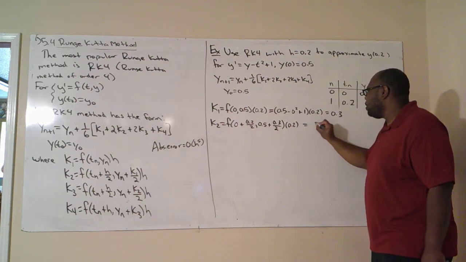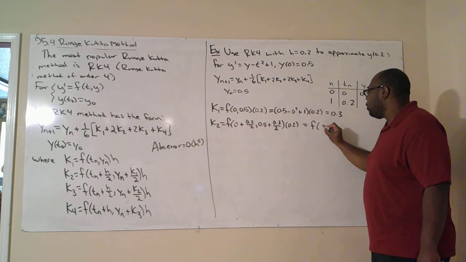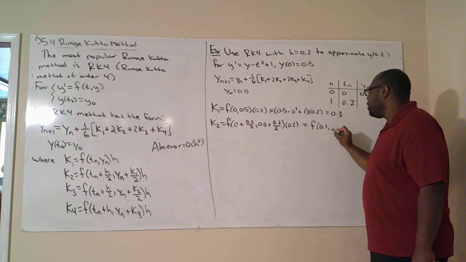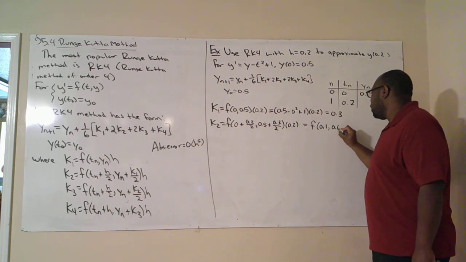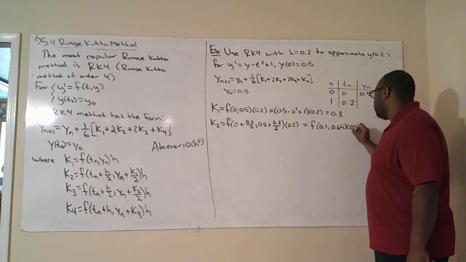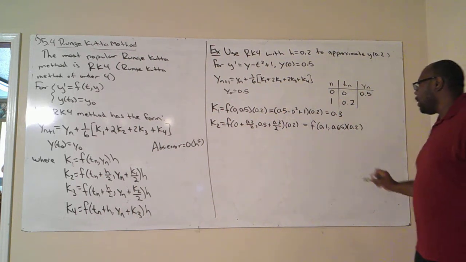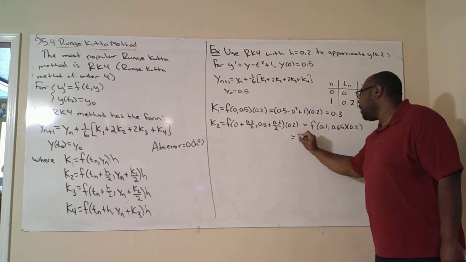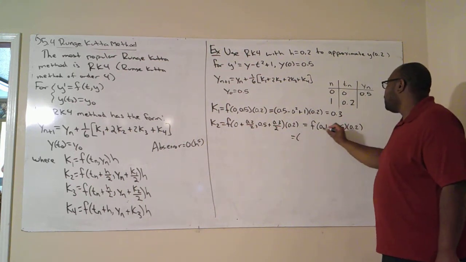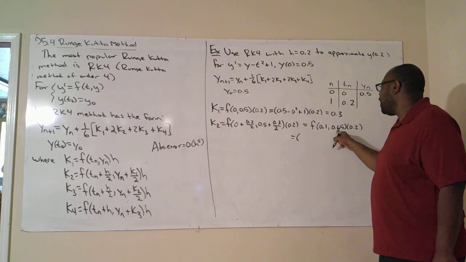So let's simplify this a little bit. We get f of 0.1, comma 0.65, times 0.2. And if we plug that in, this is my t, this is my y, right?